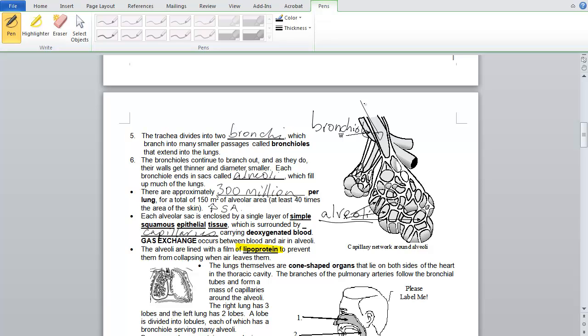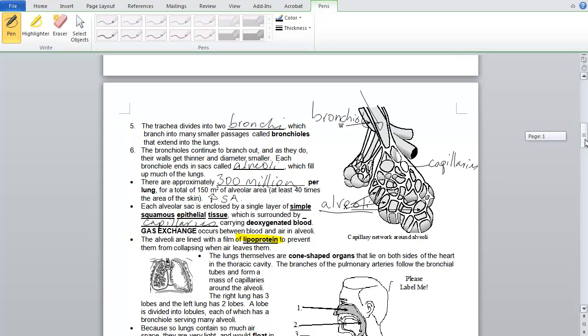So one of them would be alveolus. And covering all of these would be the capillaries. This is where the gas exchange of external respiration is going to occur, between the air in the alveoli and the blood in the capillaries. So let's just finish this off.